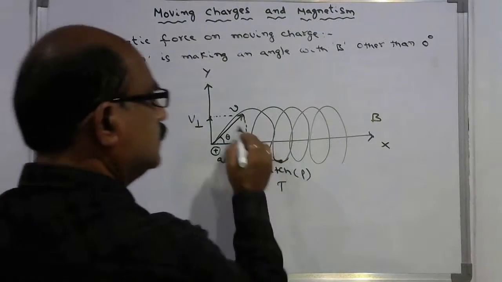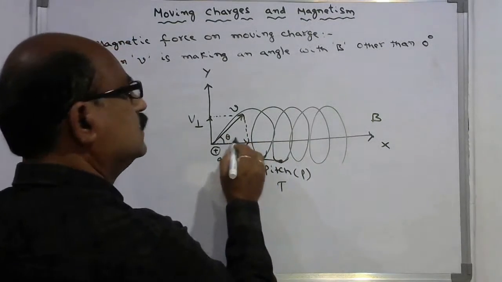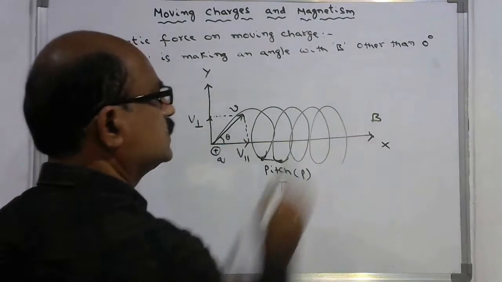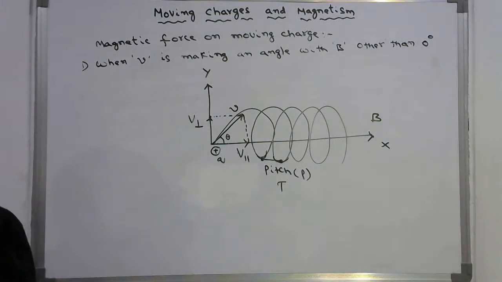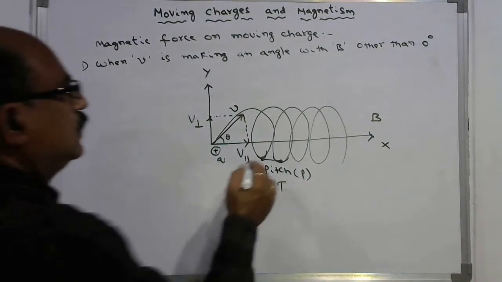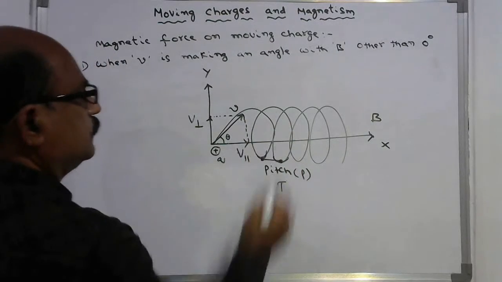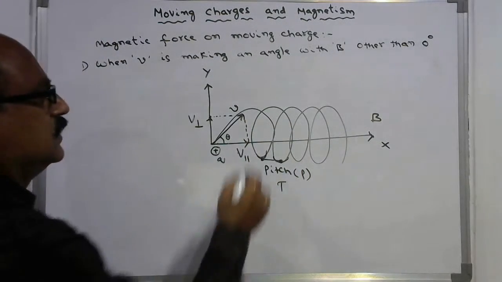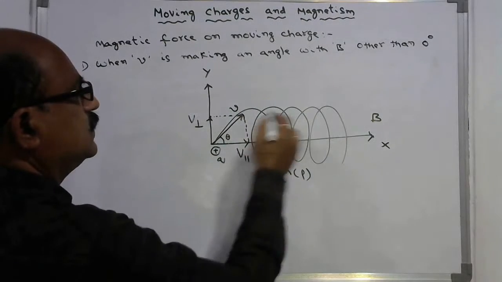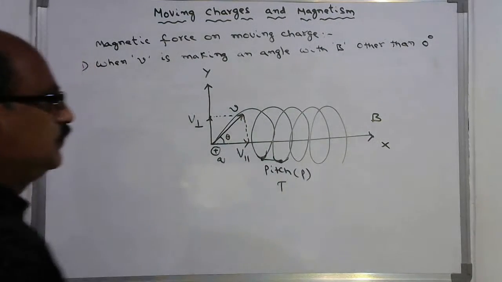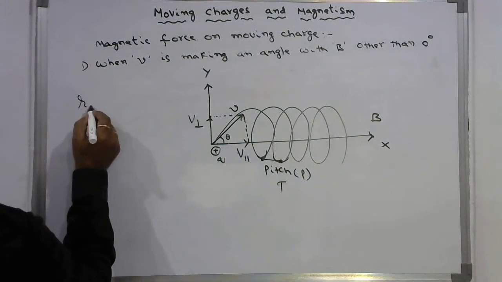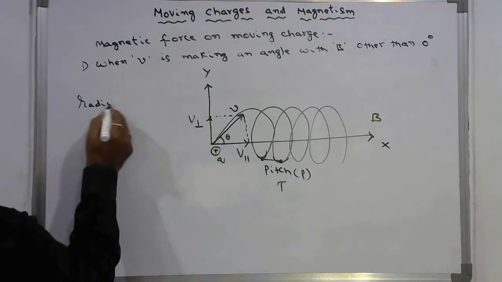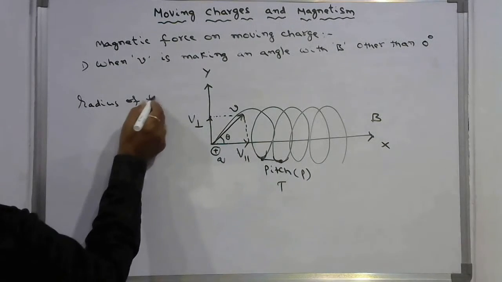Whereas the horizontal component continues to move in the same direction as it has no influence, since the force on it is 0. Now the path of the charge is helical. Then what is the radius of the helix?